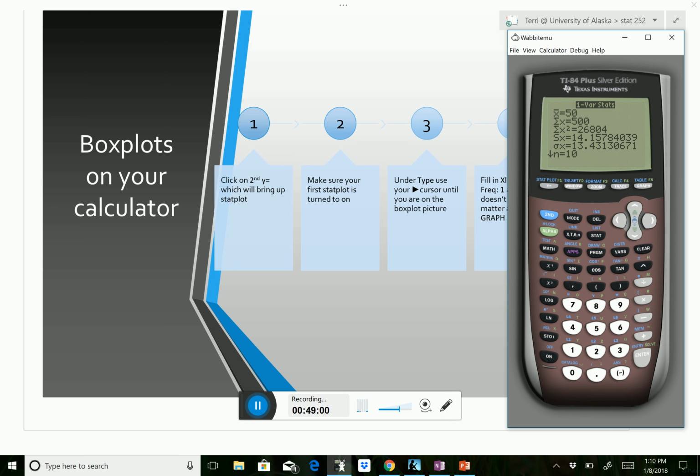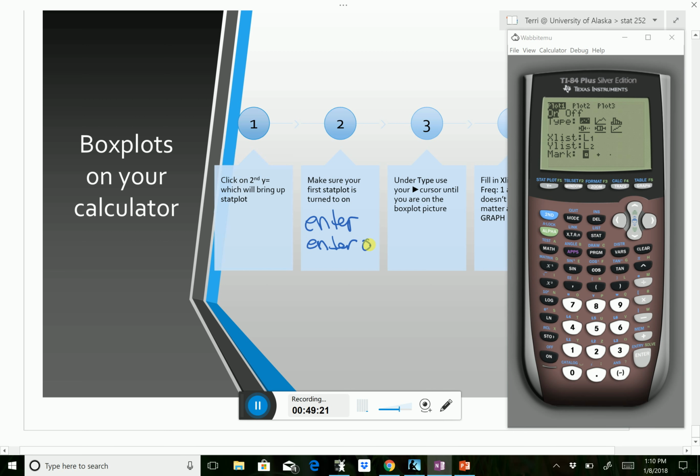Click on second Y equals, which brings up your stat plots. Make sure your first stat plot is turned on. To do that, you hit enter, and then enter again to turn it on. Make sure On is highlighted.